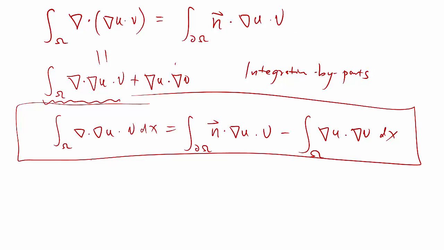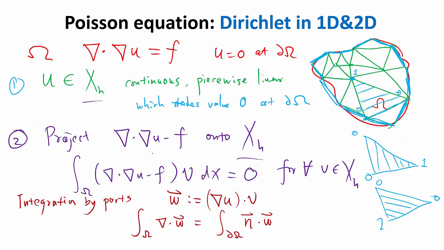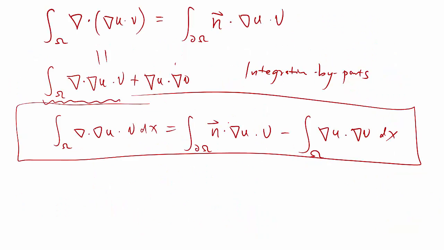Okay, now we apply this onto the projected Poisson's equation. And we are going to see that after this equality, the left-hand side has a double derivative, and the right-hand side has no double derivative.